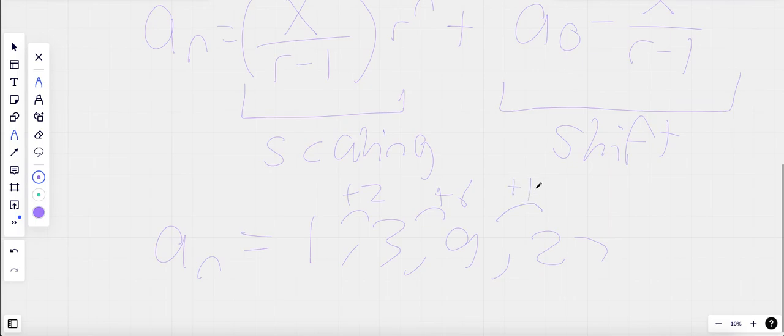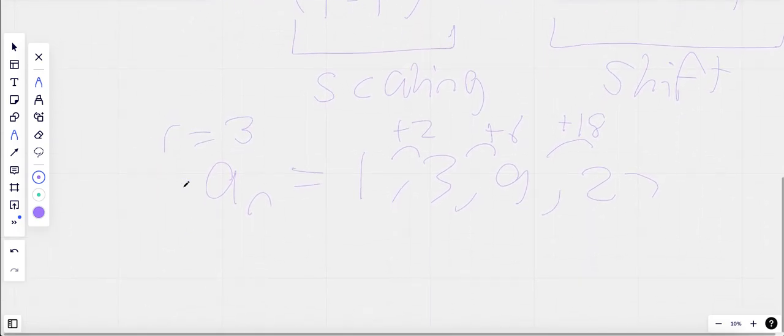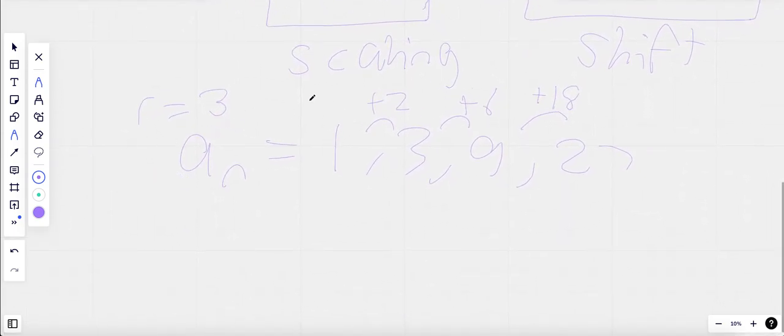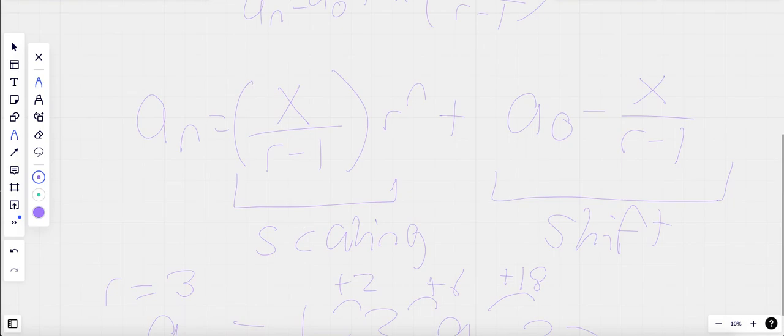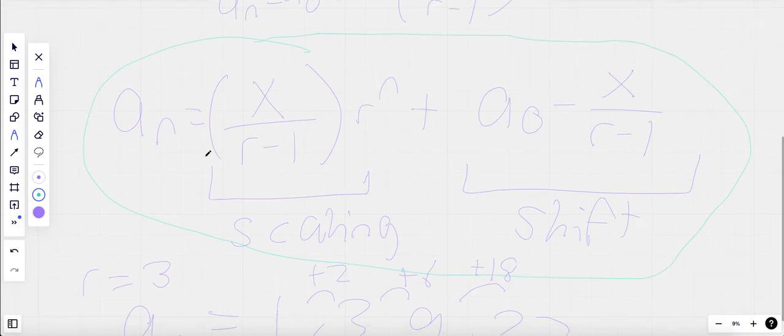And in this case, the common ratio between the differences is 3, which isn't surprising because that's just the common ratio as well. But all that's happening here is that we've just been scaling it for the geometric sequences. But for this sequence here, this accounts for all cases of scaling and shifting, and all transformations. So ultimately, this is the general formula.